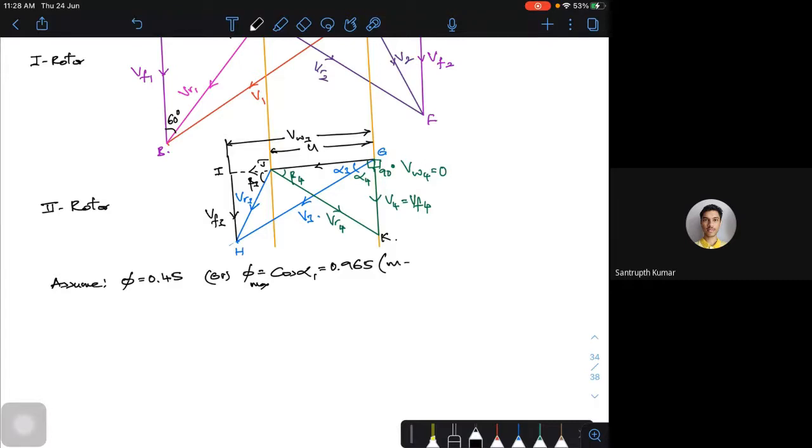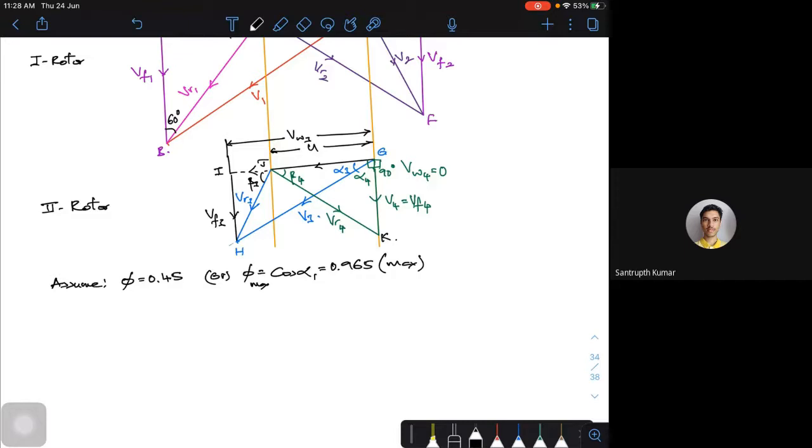You can verify and cross check. So I have taken some 0.45, or you can take 0.5 also, doesn't matter. So it's slightly like an open-ended kind of problem for PG students. So assume with 0.4, 0.5, 0.55, but the maximum value is 0.965, which can be obtained from phi max equal to cos alpha 1, which is 0.965.